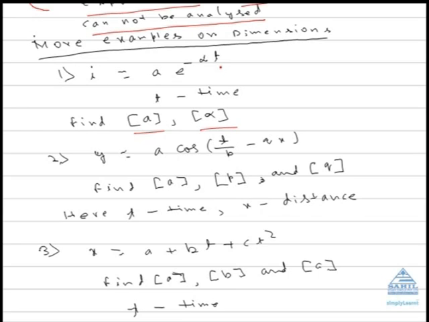An exponent is meaningful only when it is dimensionless. That is, exponents are always dimensionless quantities. So the dimension of alpha t should be dimensionless.